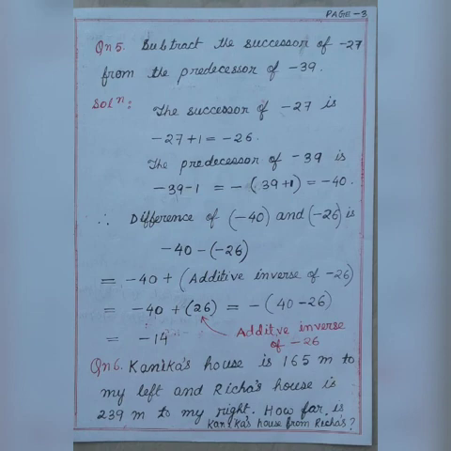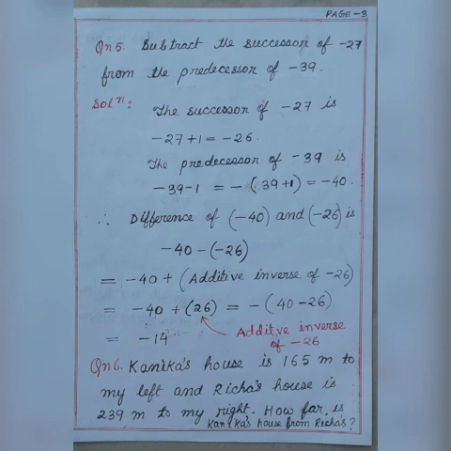Therefore, difference of minus 40 and minus 26 is minus 40 minus within bracket minus 26. So here both the numbers are negative.